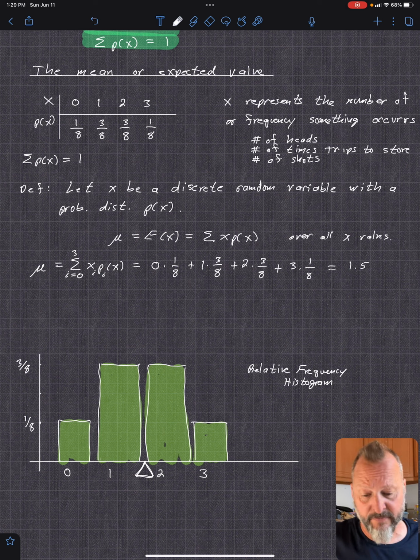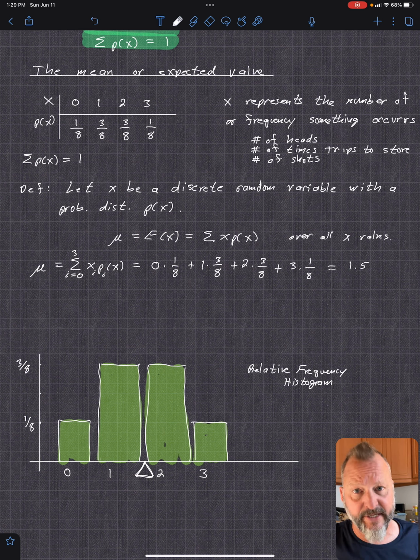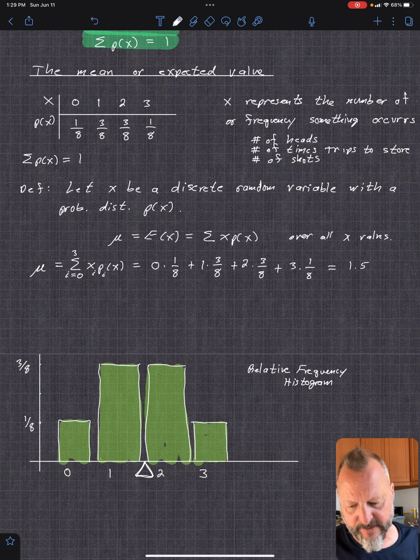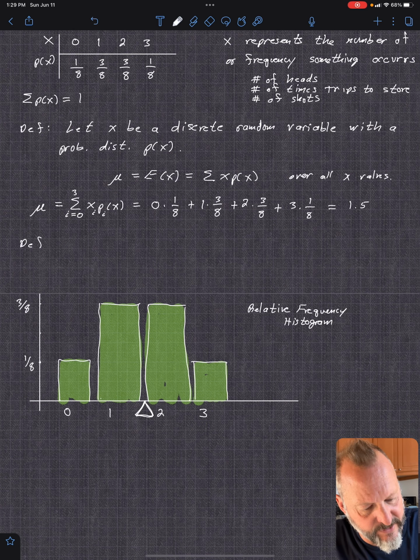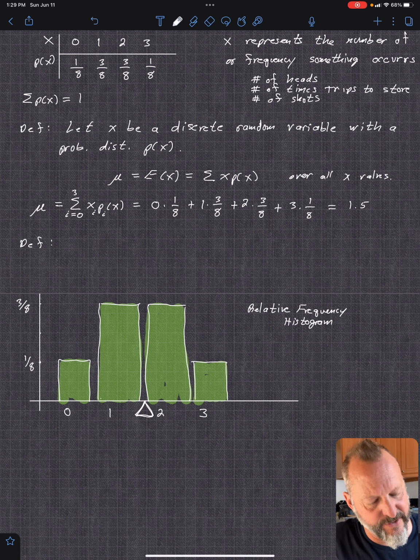All right, let's continue. Let's look at the standard deviation or variance. You could talk about this being x bar as well for expected value in this case.